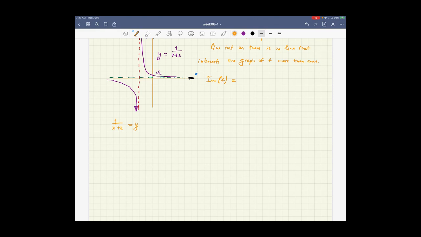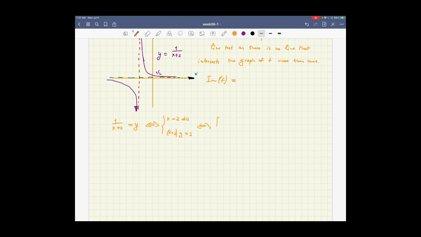Well, if we solve this for x, we're multiplying by x plus 2, which is, of course, not 0. And here we get x plus 2 times y equals 1.